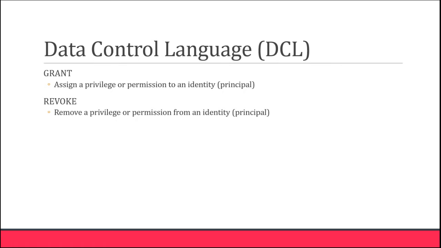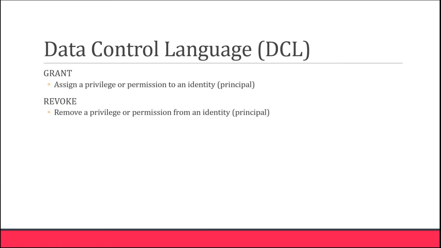Grant allows access to a principal, to an identity, to a user basically. When we say principal in SQL Server, we're talking about a user, a certificate, a login, any entity that you can use to identify yourself in the system, that can own objects, that can be granted permission on objects, that can access objects within the SQL environment. So that's what a principal is basically.